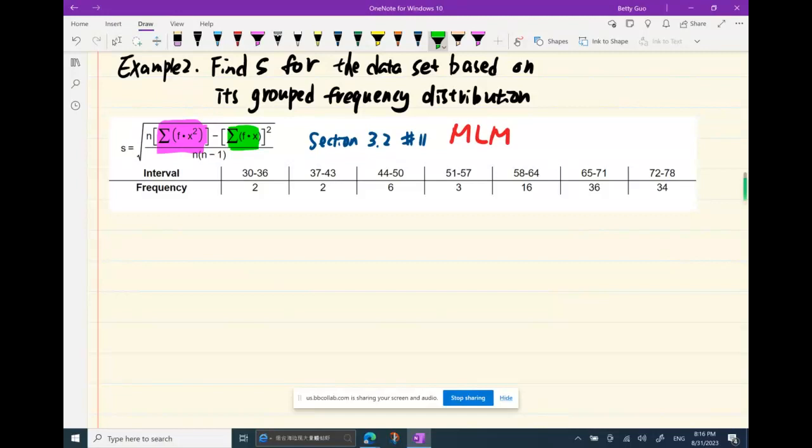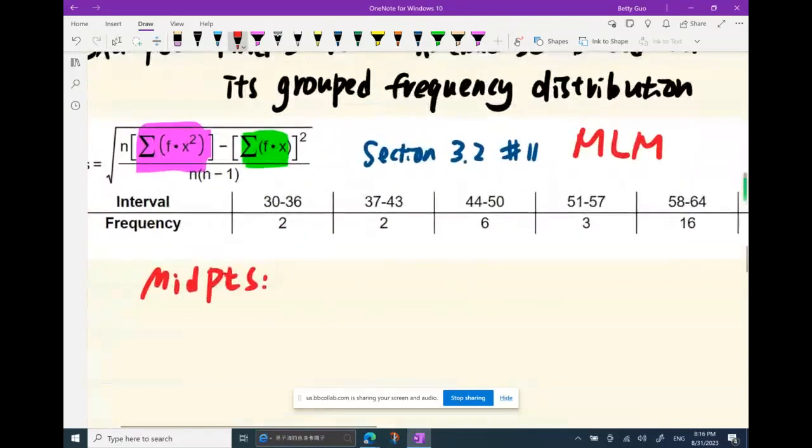Another thing is, we do not have the raw data. We do not have the exact value for x_i, i from 1 to n. We only have the range. So we need to find the middle point, if you still remember that. Tell me please, what's the middle point of the first class?